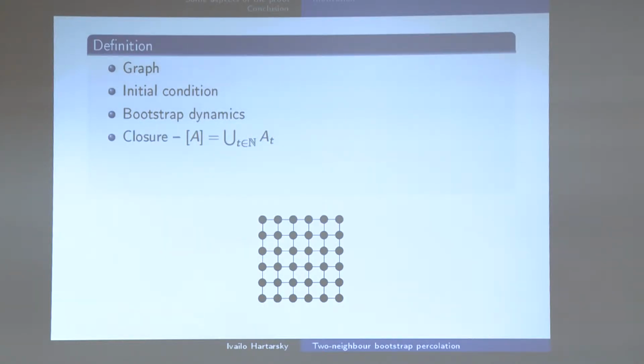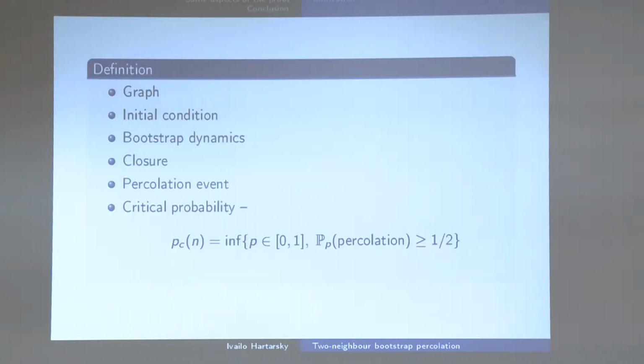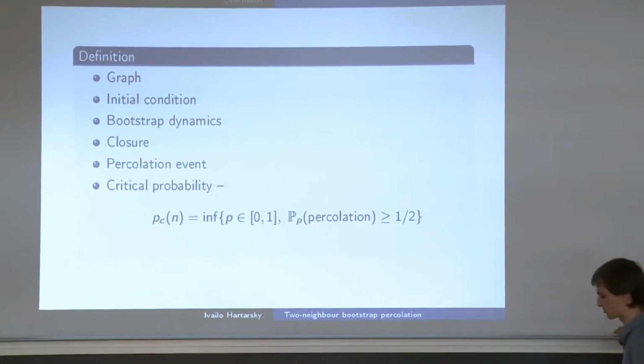We call the thing that you get in the end the closure. We say there is percolation if the closure is everything. And we define the critical probability, which is the value of the parameter p for which percolation starts becoming probable.